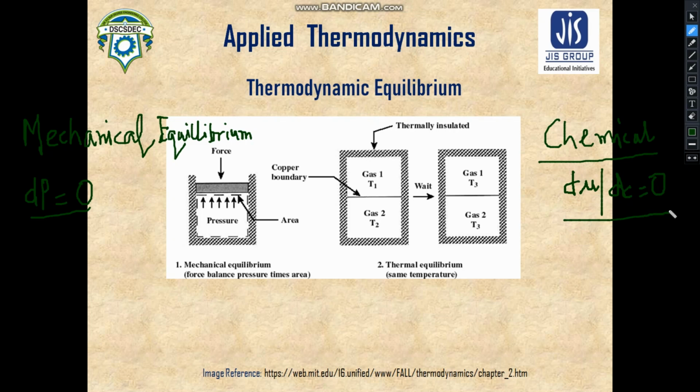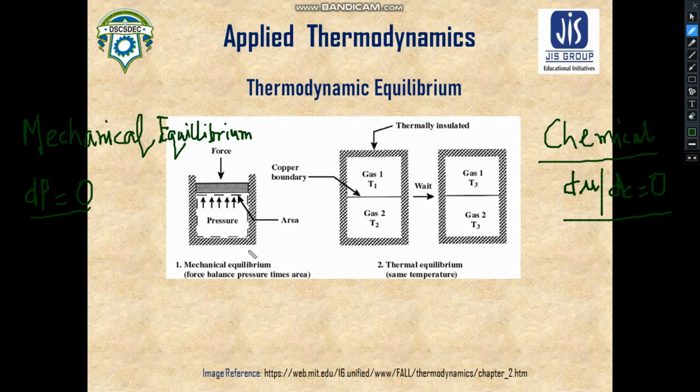That means there is no possibility of chemical reactions happening between the system and the surroundings whenever there is no difference in the mass concentrations. There is no chance of any kind of chemical reaction happening, and no mass transfer is possible here.